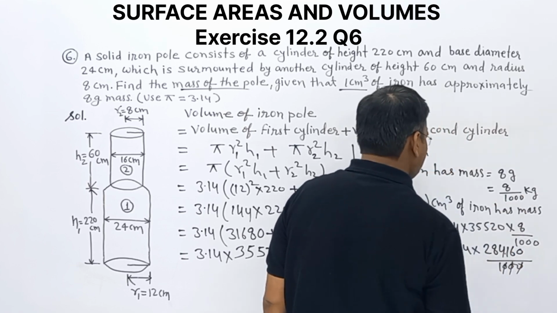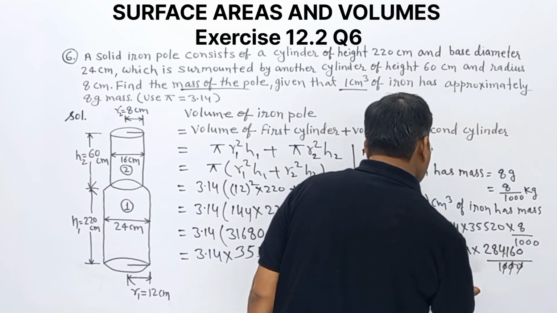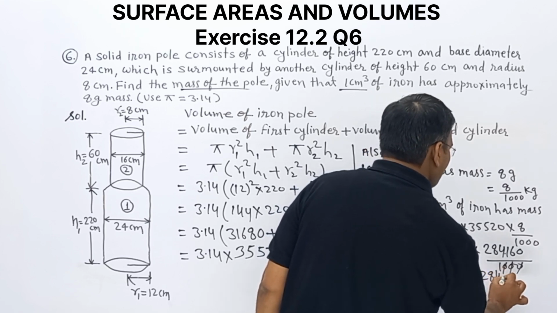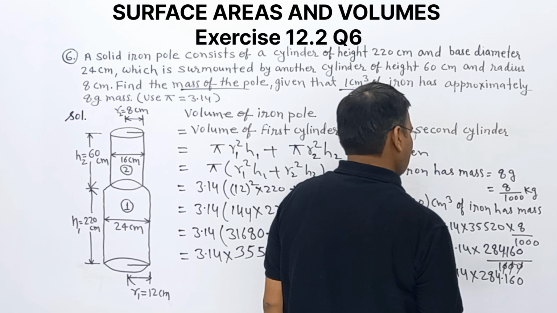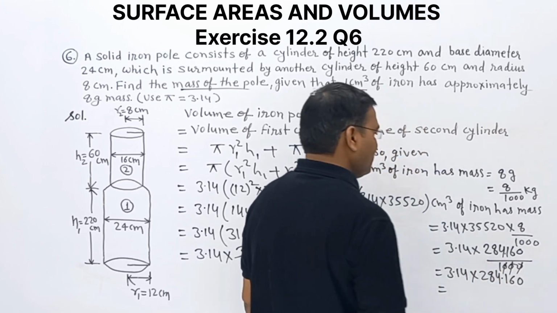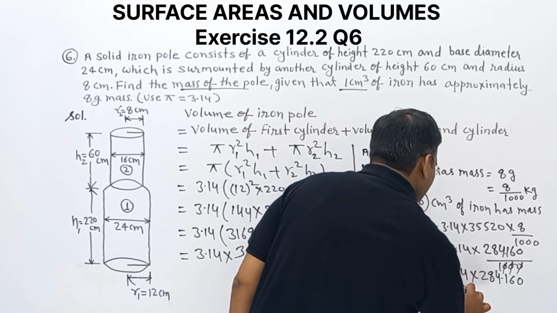Convert into decimal. Then what are we getting? 3.14 into 284.1600.